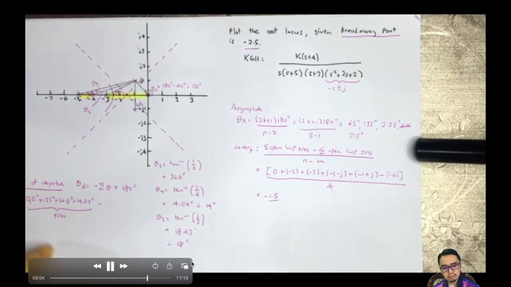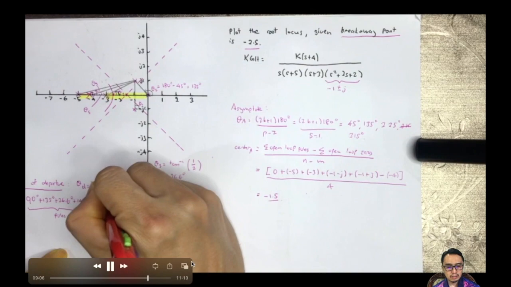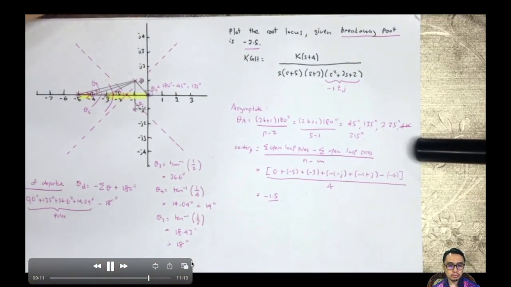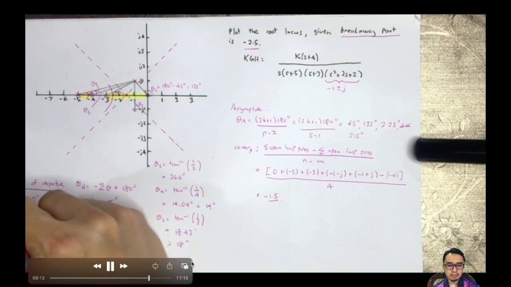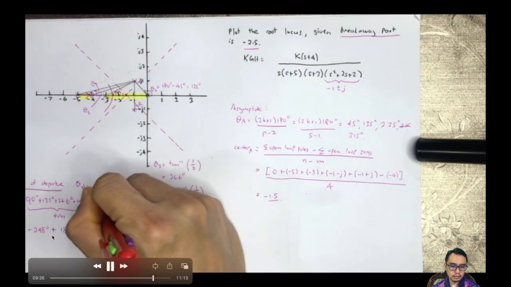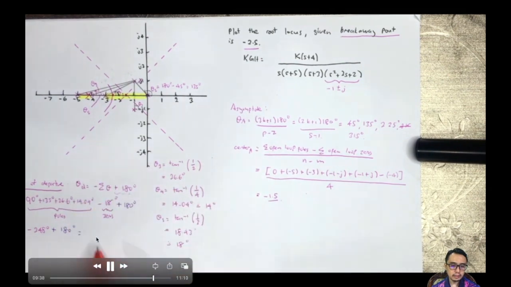So you just approximate it. Okay. This is a sketch anyway. Don't be too worried about so many decimal places. Subtract the zeros. That's the angle of poles minus the zero, plus 180 degrees.